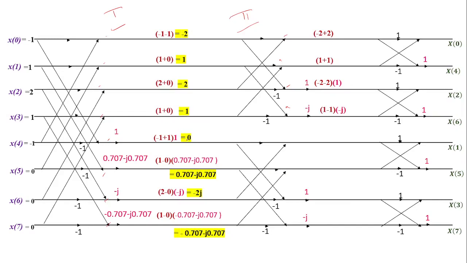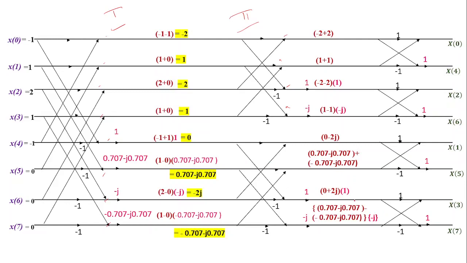Similarly, here it's going to be 0 minus 2j. So 0 minus 2j, 0 plus 2j into the twiddle factor 1 and here this value and this value. So this value plus this value. Next is going to be this value minus this value into the twiddle factor.